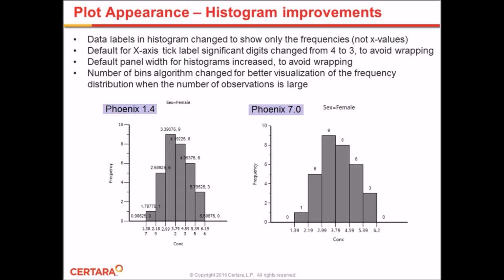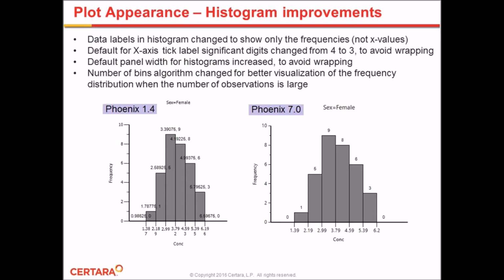The default for the X-axis tick label, number of significant digits, changed from 4 to 3 to avoid wrapping of the labels. Now, it's not impossible to get wrapping in Phoenix 7.0 if you have a lot of data points and a lot of bars in your histogram, but it should happen less often.